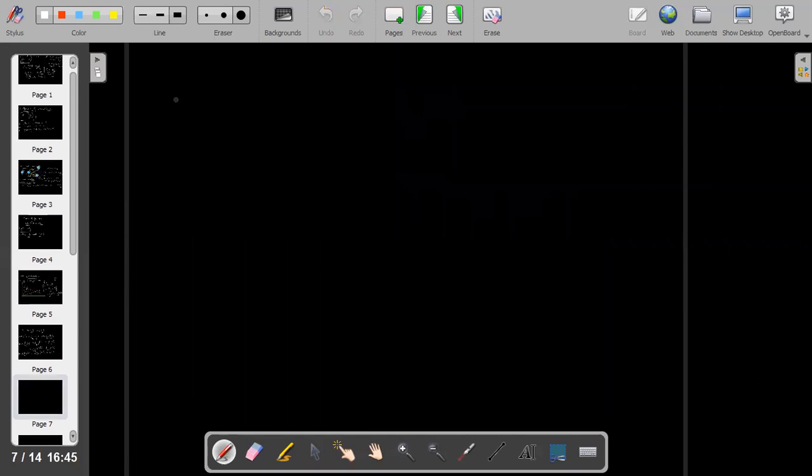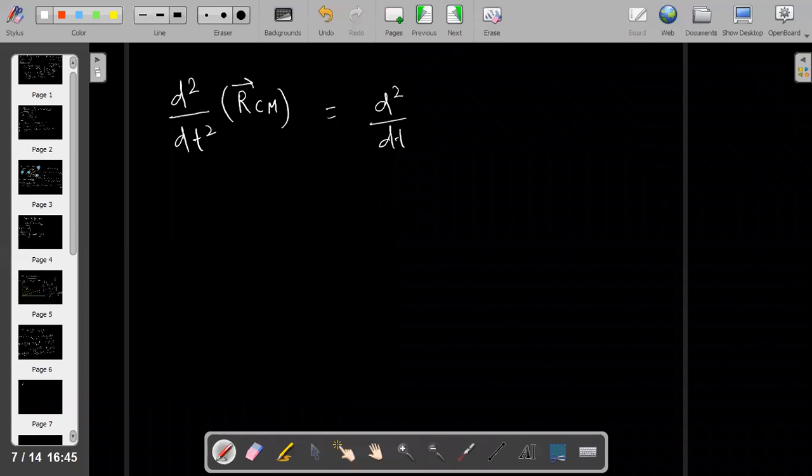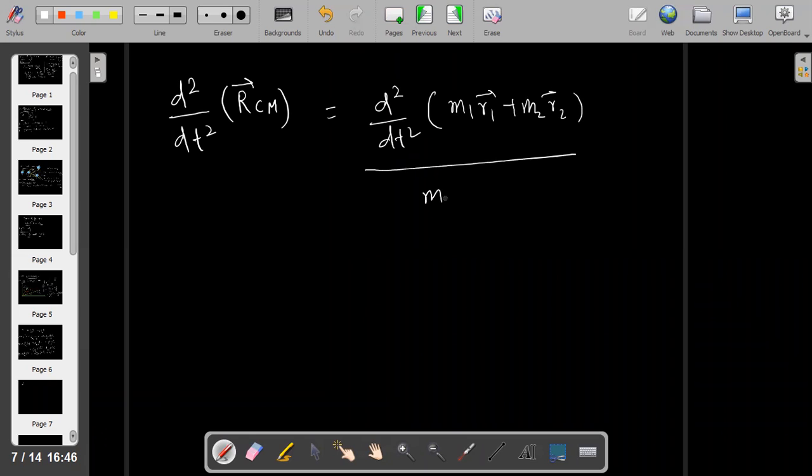Let's see. d square by dt square of the position of the center of mass will be d square by dt square into m1 r1 plus m2 r2 whole divided by m1 plus m2. m1 plus m2 is a constant, so you can take it into the bracket.